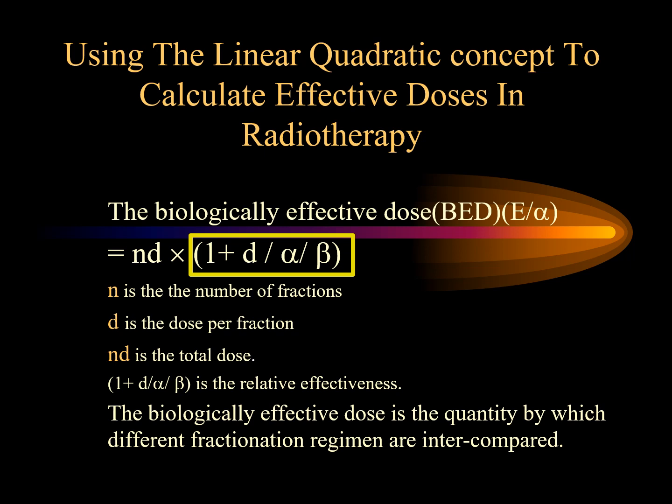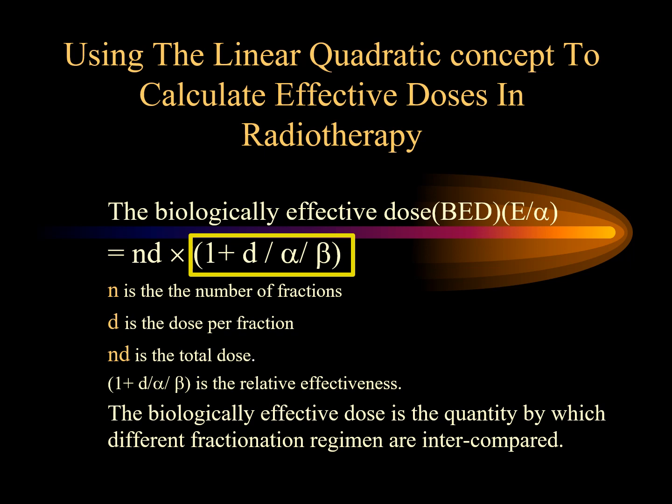Let's go ahead and start using the equations now, because this is the most important part of the lecture. When I tell you I'm giving 50 gray, this 50 gray is an absolute dose, and it's not reflecting the effect of the dose on the tissues we are exposing to the radiation.